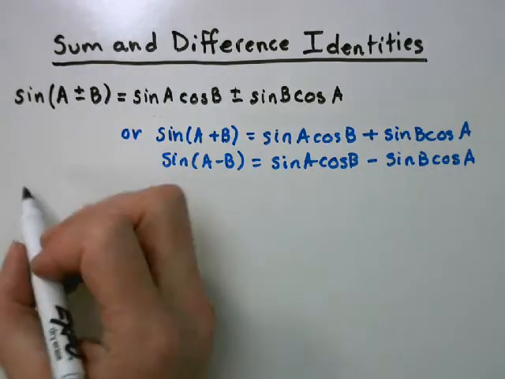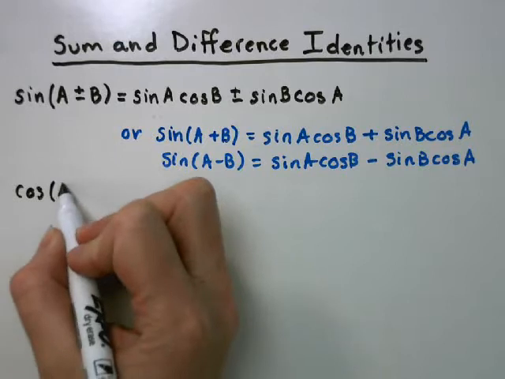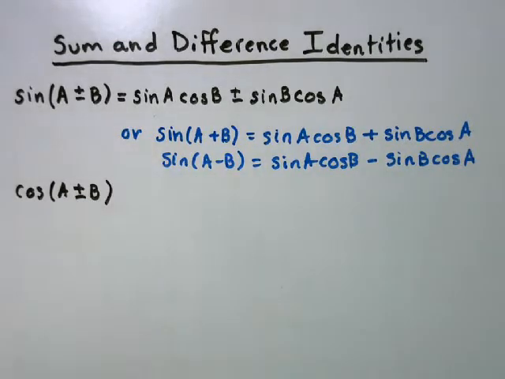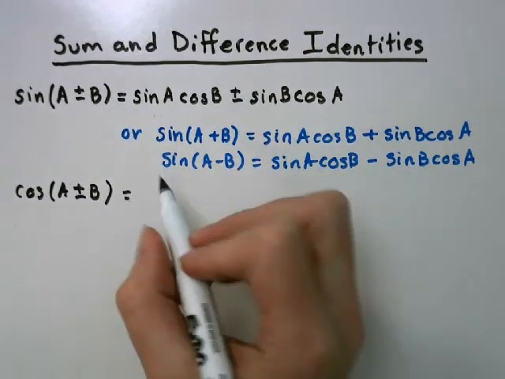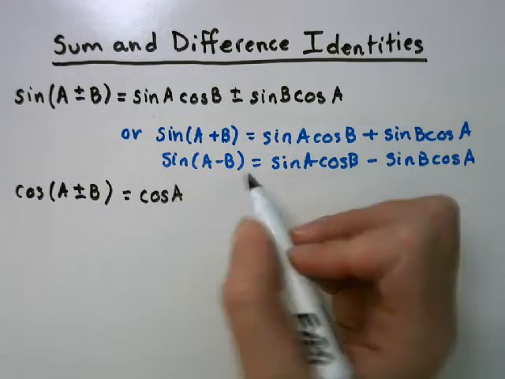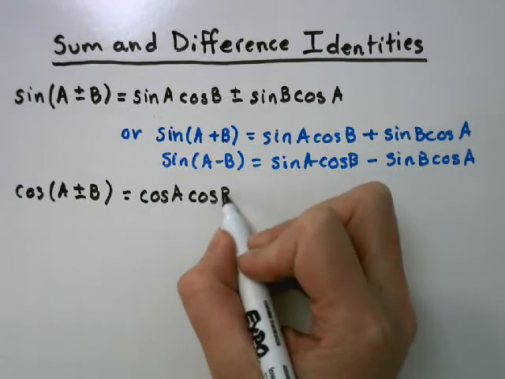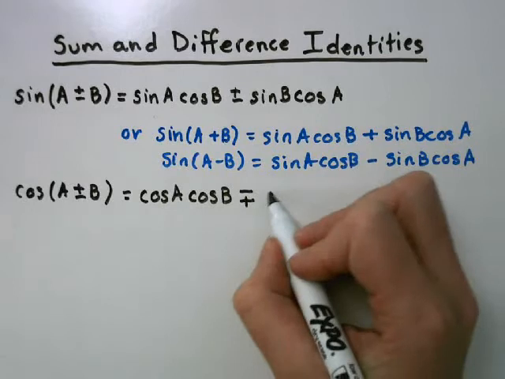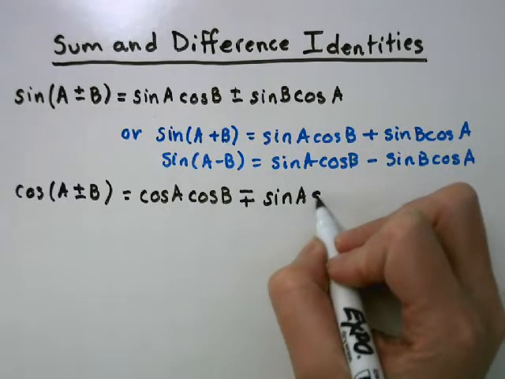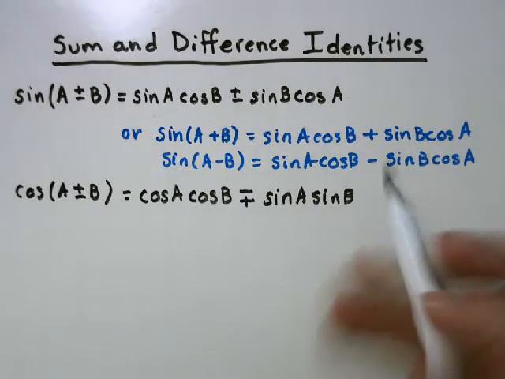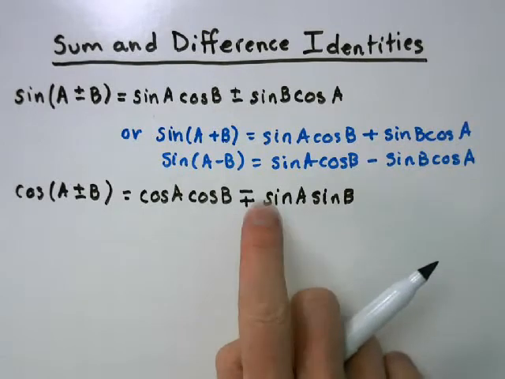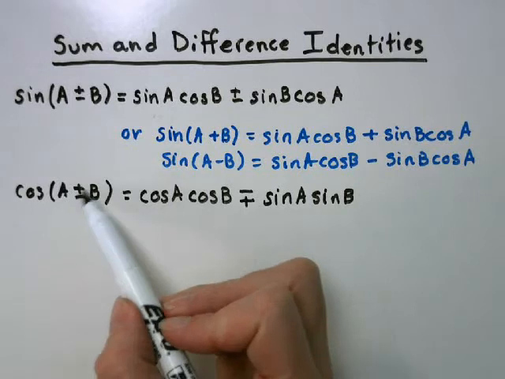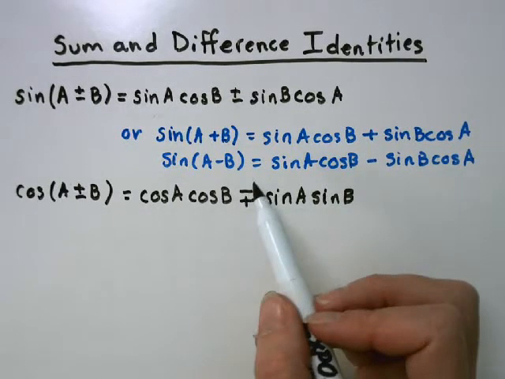Cosine of A plus or minus B is going to be the cosine of A cosine of B minus plus sine of A, sine of B. Now this is written purposefully, and I'm guessing you can guess what this means: if it's a plus on this side, it's a minus on this side.